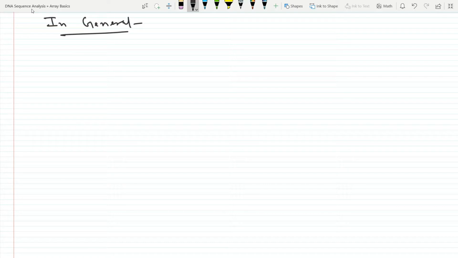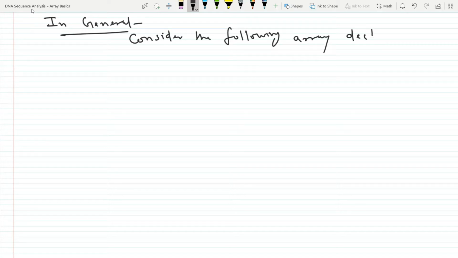In general, consider the following array declaration.